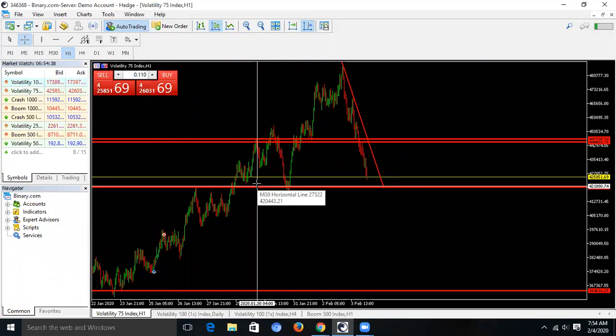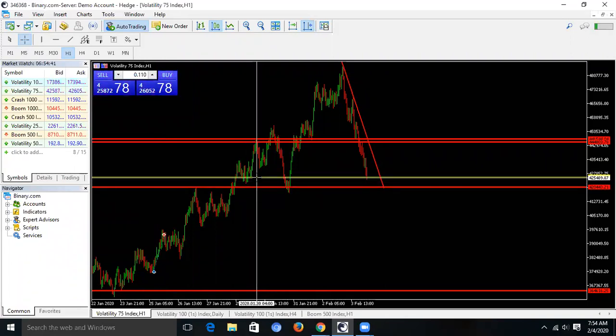It may just bounce back and move up a little bit. Let's just put our take profit here.